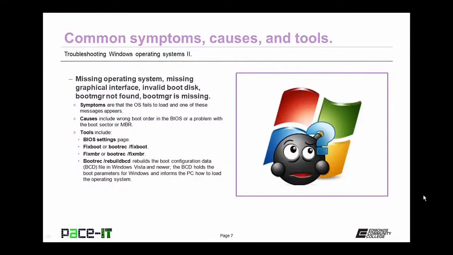Now the causes for this can be the wrong boot order in the BIOS or a problem with the boot sector or MBR. Tools to fix it include the BIOS settings page, the fixboot or bootrec with fixboot command, the fixmbr or bootrec with fixmbr command.